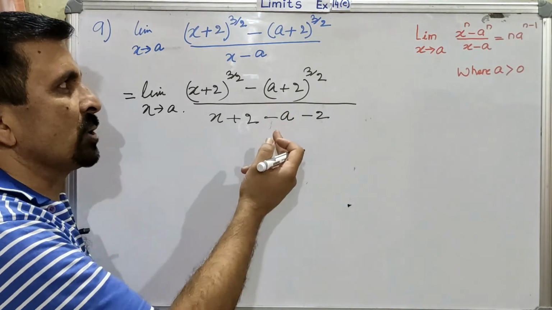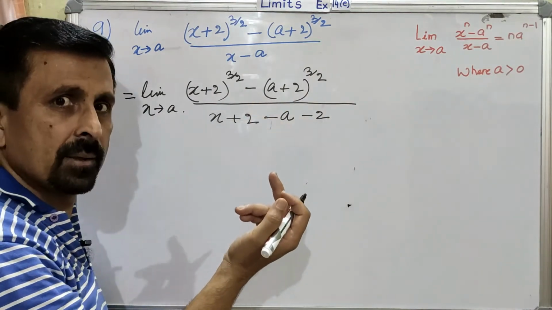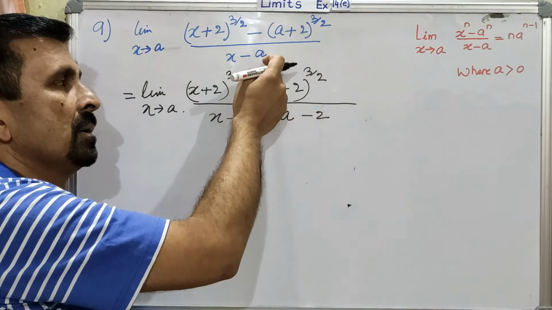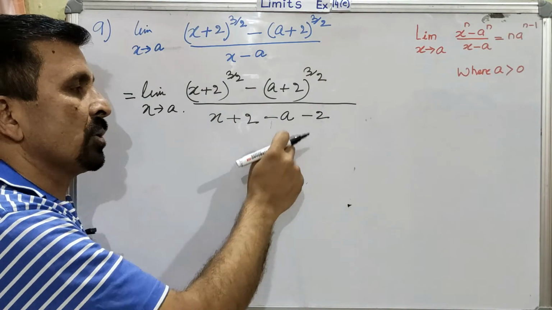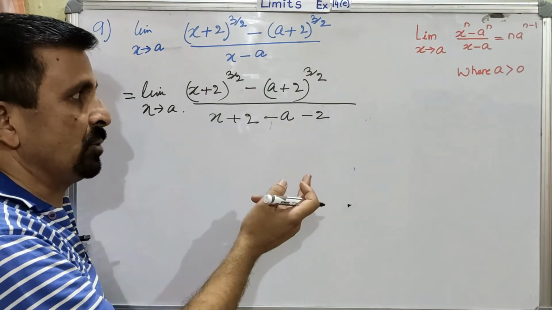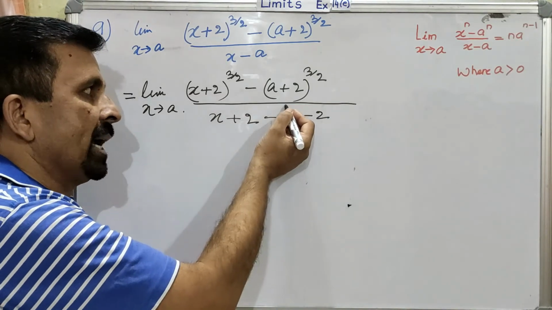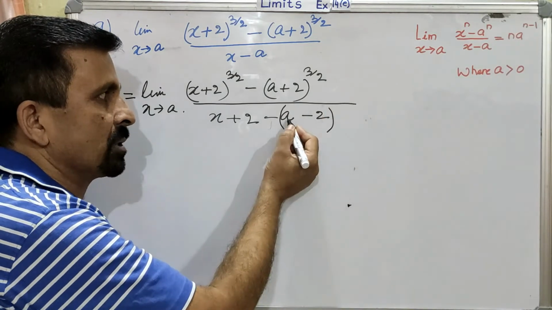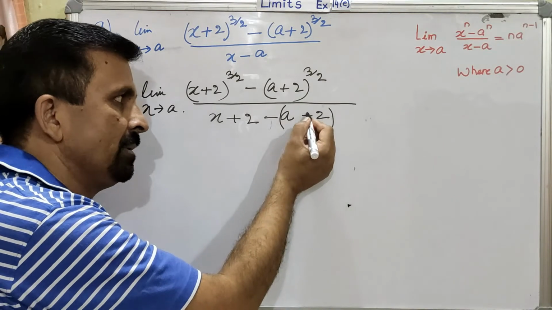So what should I do so that I can make both of them positive? Because I am expecting a plus 2, so here also we have to have a plus 2, not minus a minus 2. So what can we do? It's very simple. We can take the minus sign common. When you take out a minus sign common, the signs of both will change. This was minus, this became positive, and this minus also will become positive.